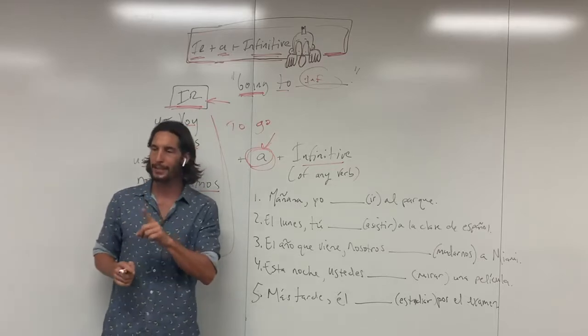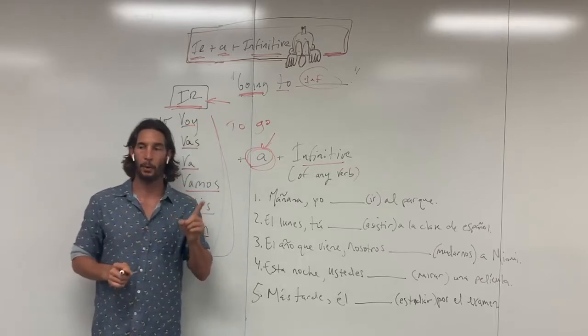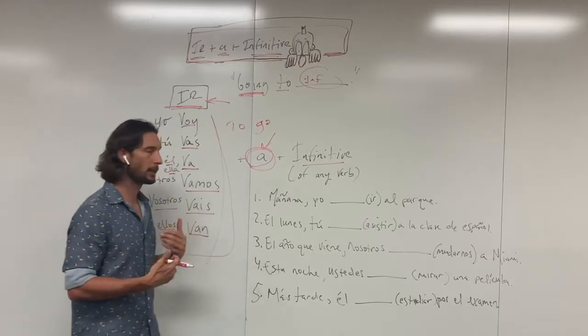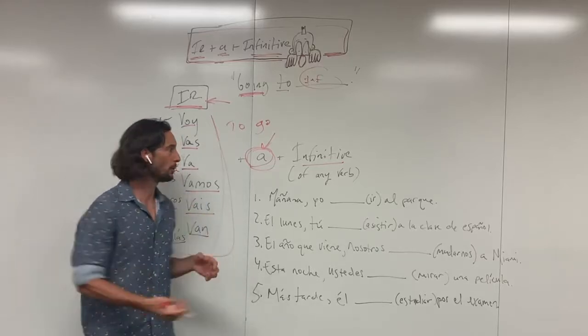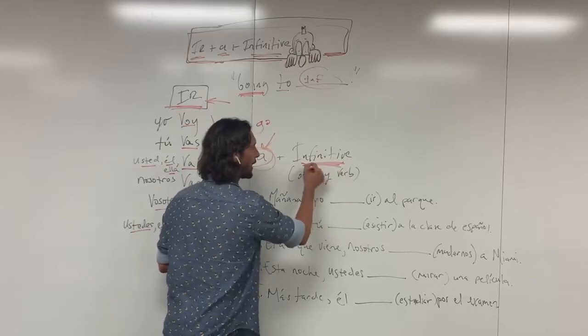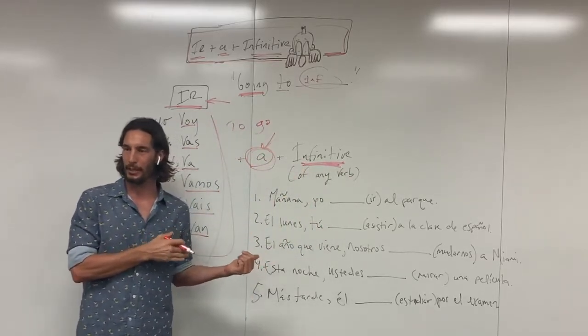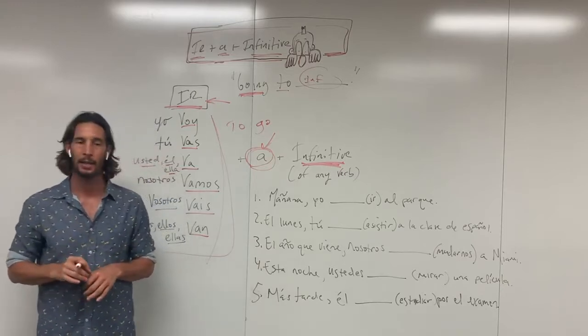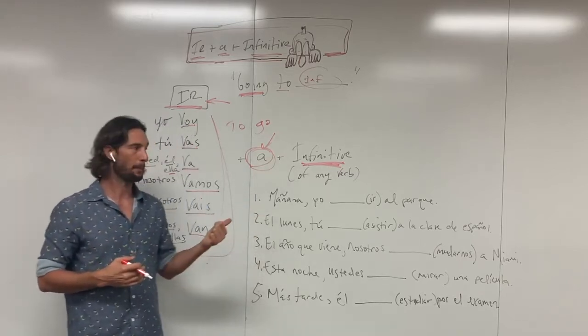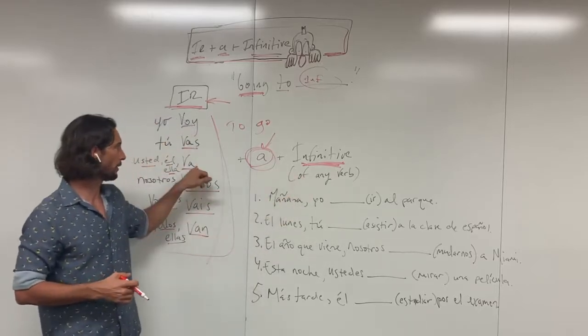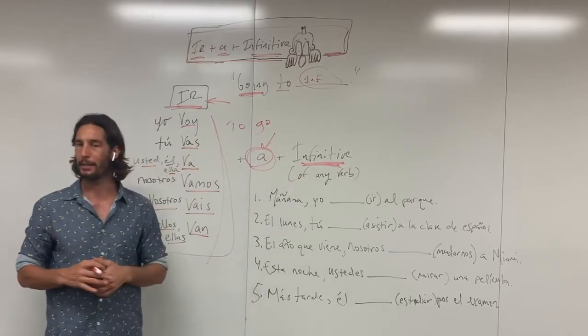A common mistake for people that are learning this for the first time, because you've been conditioned to conjugate everything, is to conjugate both verbs and not leave the second one in the infinitive. I'll show you what I'm talking about when we get to the examples, but that's a common mistake that new language learners make when they're first learning this ir más a más infinitivo combination.